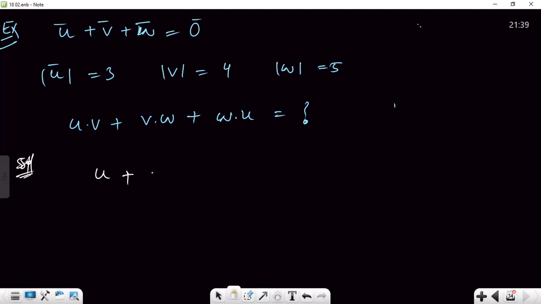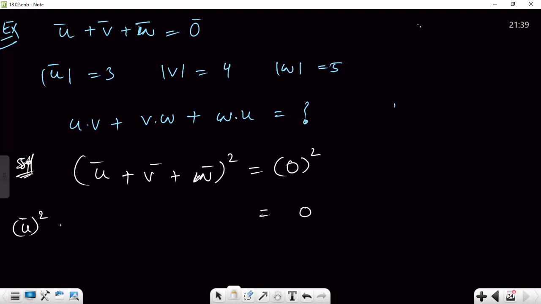See how u plus v plus w vector is given as equal to 0. I'll square on both sides. So 0 square is 0. Its square is u vector square plus v vector square plus w vector square plus 2 u vector dot v vector plus 2 v vector dot w vector, sorry, plus 2 w vector dot u vector.